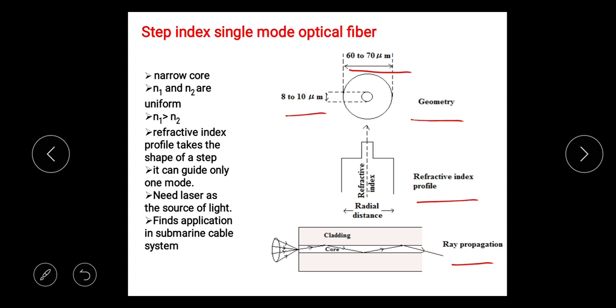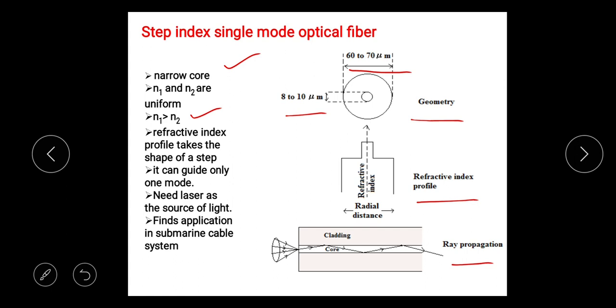So what are the characteristics of this single mode optical fiber? Already mentioned, it has a narrow core. N1 is the refractive index of core, N2 is the refractive index of cladding. Both are uniform. They are not varying. But for any optical fiber, N1 is greater than N2.